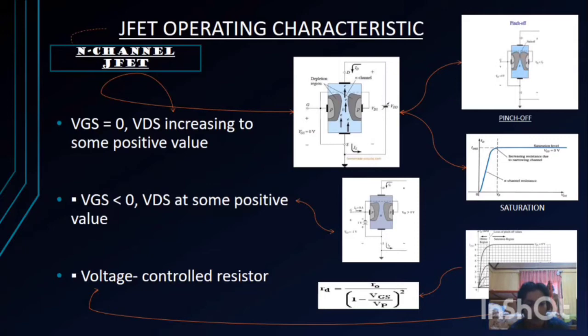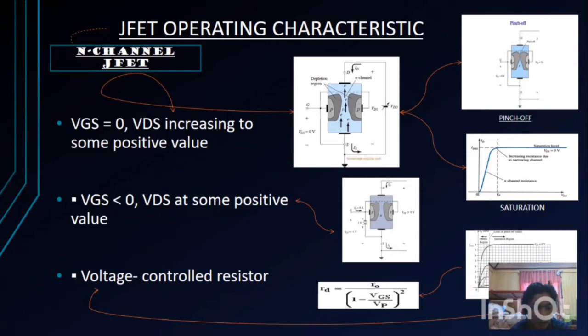For the last basic operating condition, the JFET is a voltage control system. The JFET can be used as a variable resistor where VGS controls the drain source resistance.